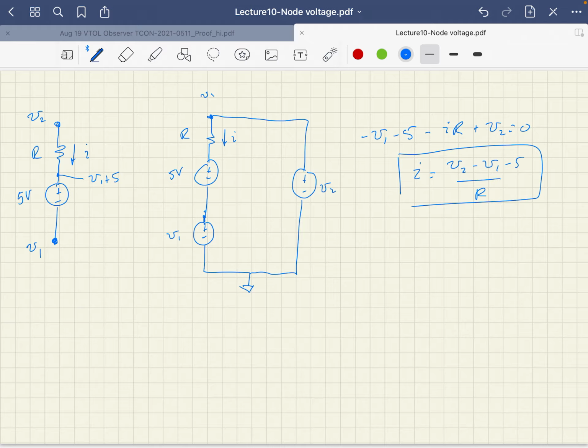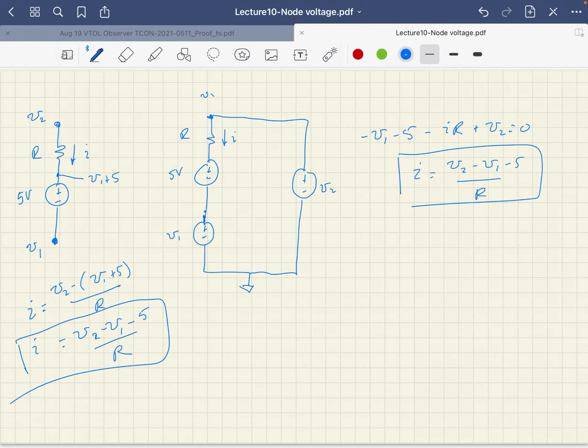And then that means that I is going to be the difference between this voltage and that voltage divided by R. So it's going to be (V2 minus (V1 plus 5)) divided by R, which is V2 minus V1 minus 5 divided by R. Okay, so we get the same answer.